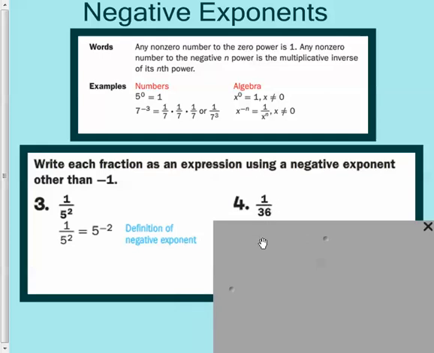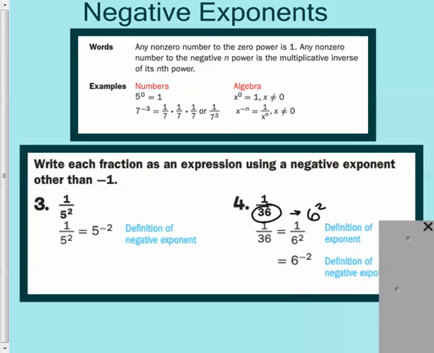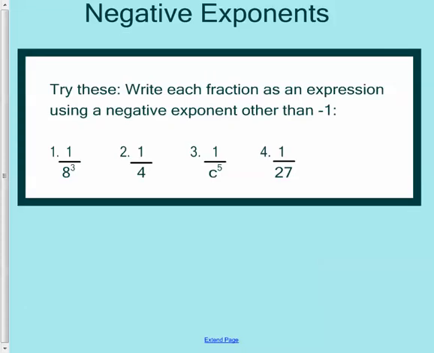If we have 1/36, we can look at 36 as an exponent. What number times itself gives you 36? 6 does. So we could use 6 squared. So 1/6 squared could also be 6 to the -2nd power.